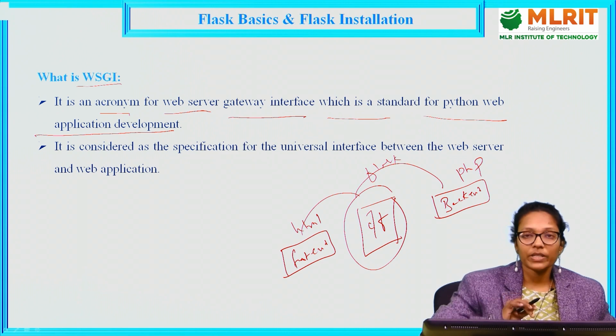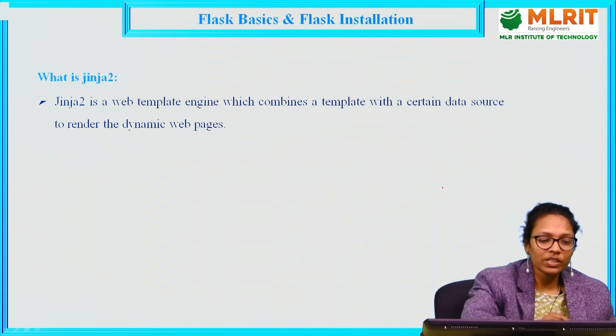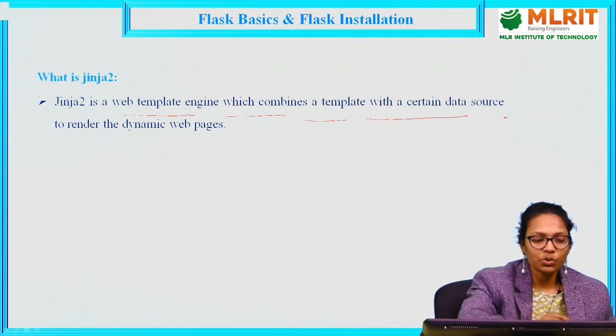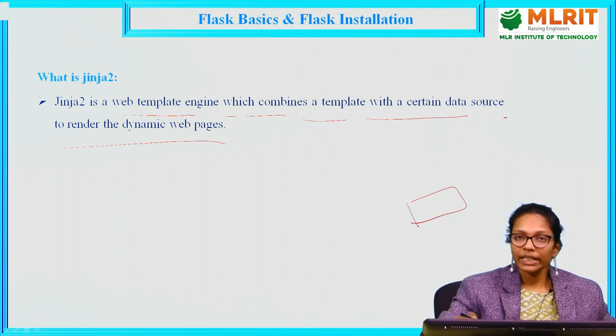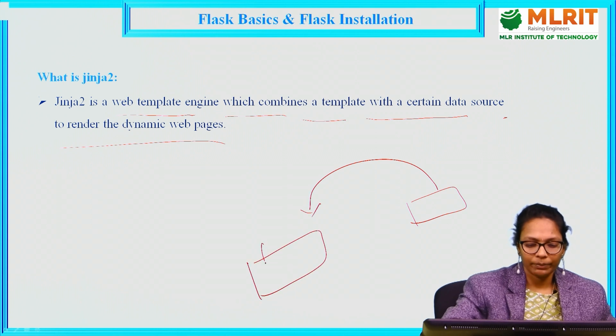That represents WSGI. And coming to Jinja 2: Jinja 2 is a web template engine which combines a template with a certain data source to render dynamic web pages. The backend will generate the output, and that output will be displayed in the front end again. We know the front end is HTML.